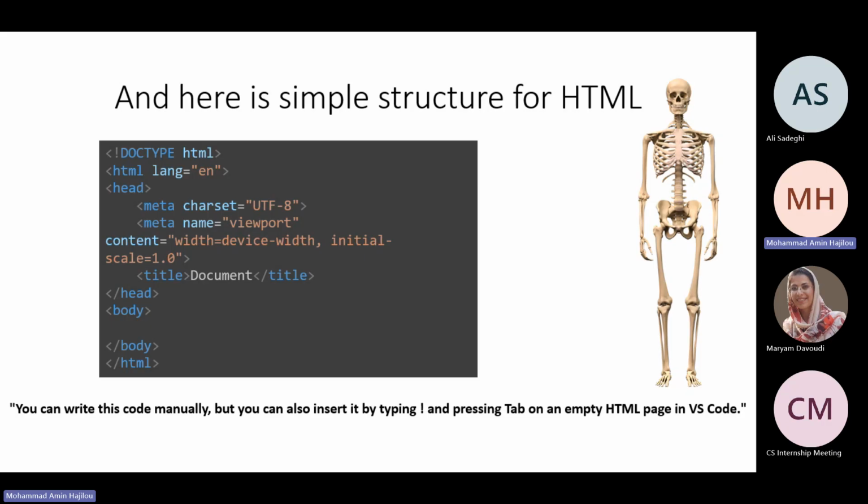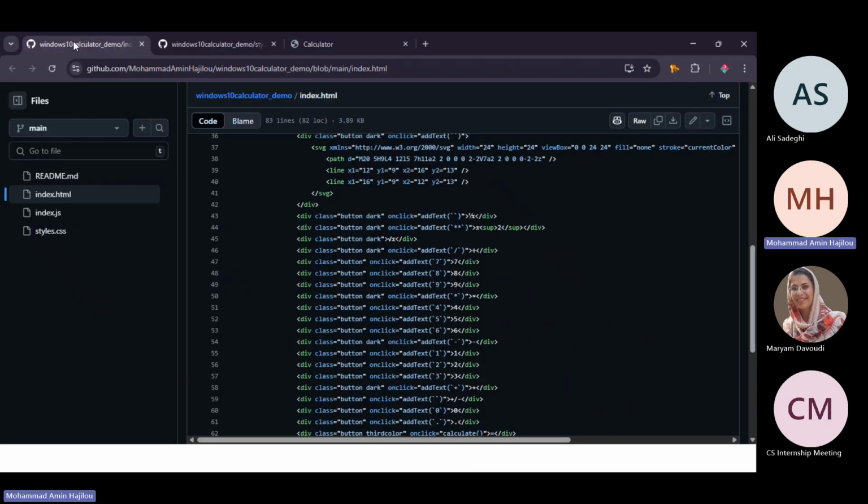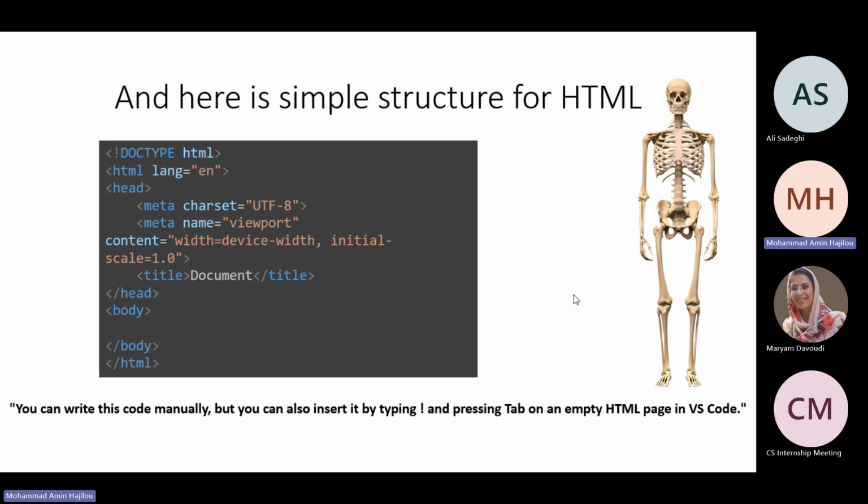And the meta name viewport, with content width equals device width and initial scale 1, ensures the page displays correctly on all devices by setting the viewport size. And the title is for the title at the top of the page, like Windows 10 calculator. This is the title. And the body is where the visible content of the page goes.